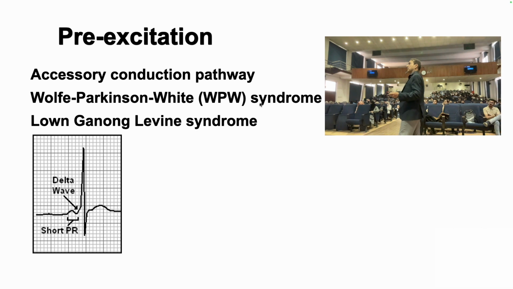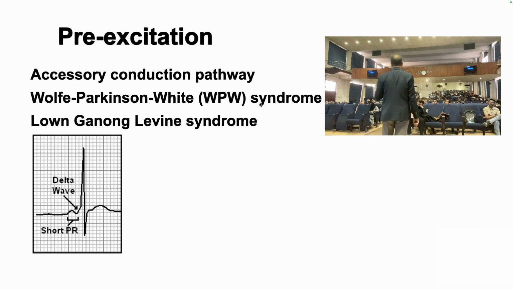Now, pre-excitation, when there is an accessory pathway, is called WPW and LGL. What's the difference between WPW and Lown-Ganong-Levine syndrome, LGL? There is an accessory pathway which connects the SA node to the ventricle or to the AV node. What are the normal pathways which connect the SA node to the AV node?